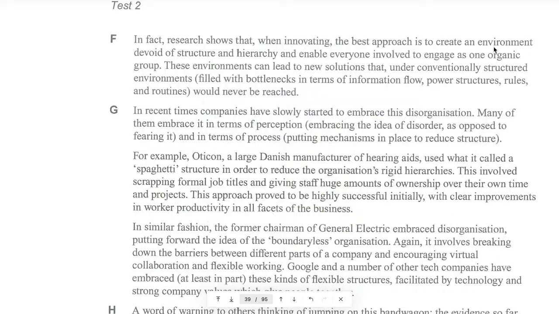We need to create an environment. What kind of environment? Devoid of structure and hierarchies and enable everyone to engage as one organic group. So that is the method, or we say the how. Create an environment devoid of structure and hierarchy and enable everyone involved to engage as one organic group. So that is how.